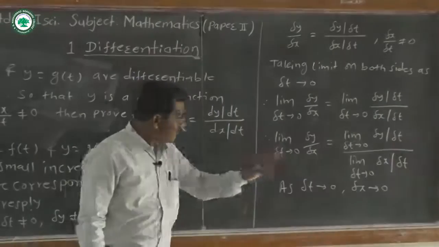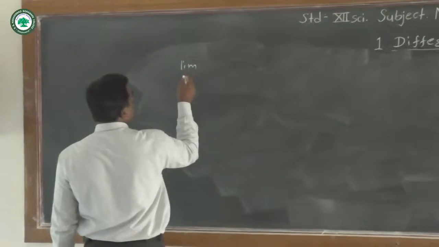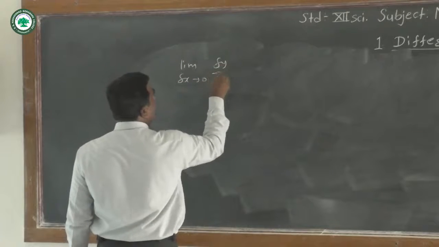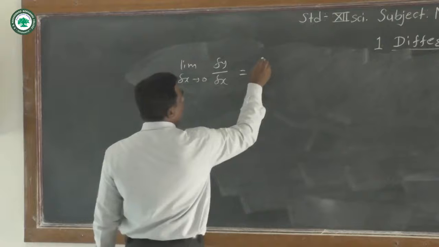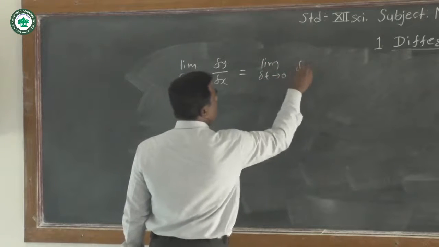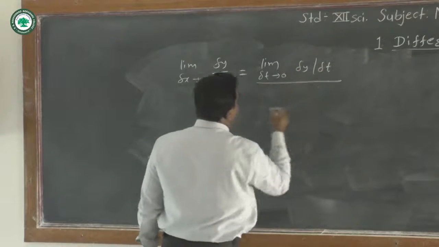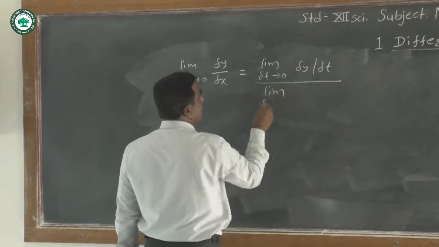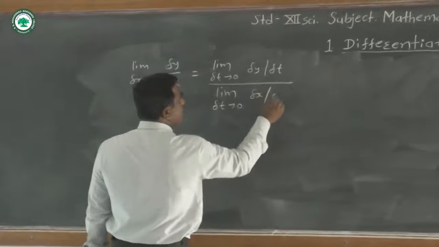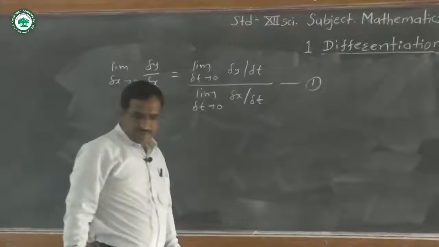Therefore, this equation becomes limit delta x tends to 0, delta y by delta x is equal to limit delta t tends to 0, delta y upon delta t divided by limit delta t tends to 0, delta x upon delta t. Call this equation number first.